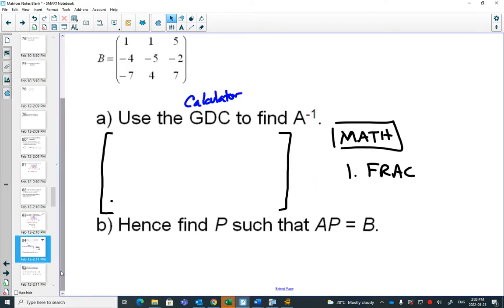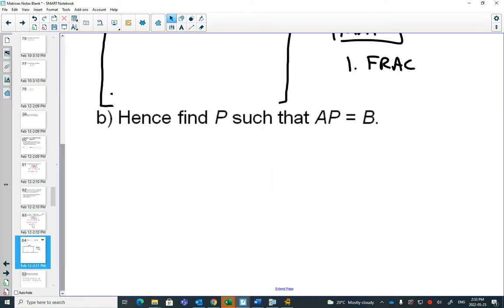Now, you have an equation, matrix A times matrix P is equal to matrix B. If I want to get P by itself, matrices you cannot divide. There's no dividing in matrices. So in a normal equation, you'd say, I'd like to divide both sides by A, and then I'll get the answer.